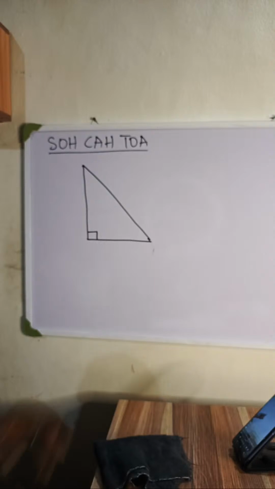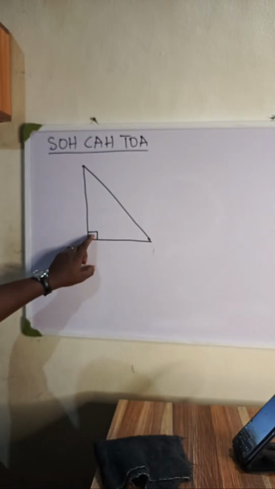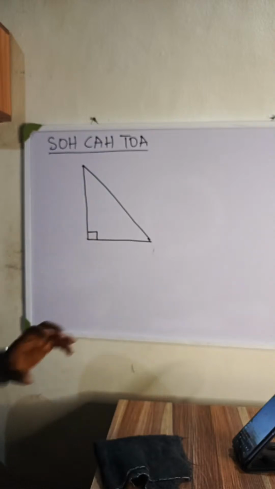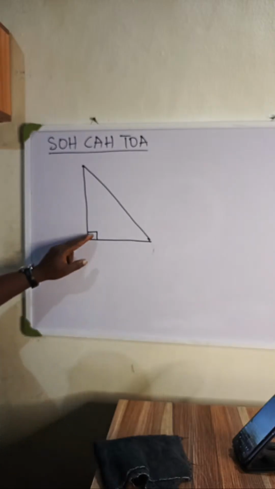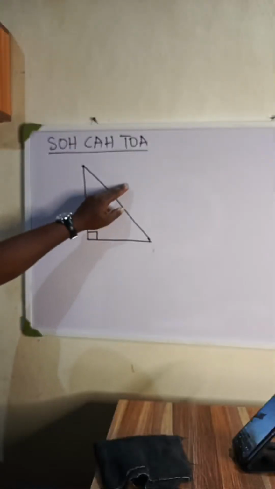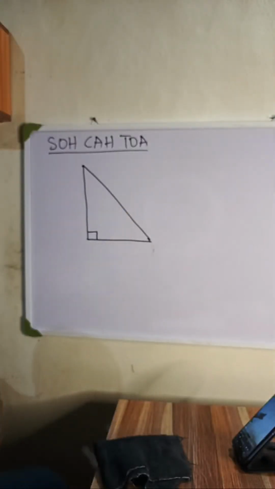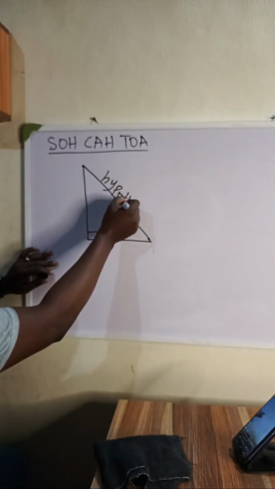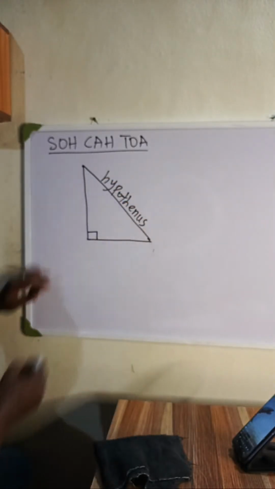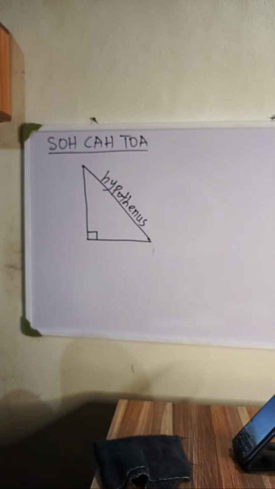Okay, so once we see this, we know that this is a right angle triangle. From what we learned in Pythagoras theorem, we know that the side opposite the 90 degrees is called the hypotenuse. So the side opposite the 90 degrees is the hypotenuse.